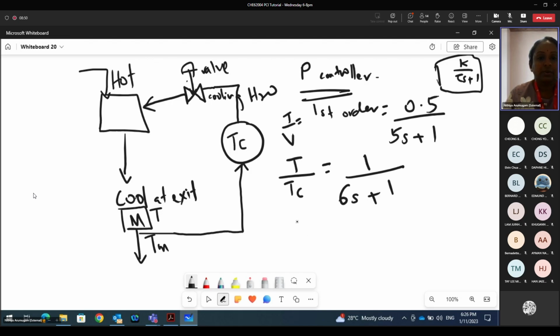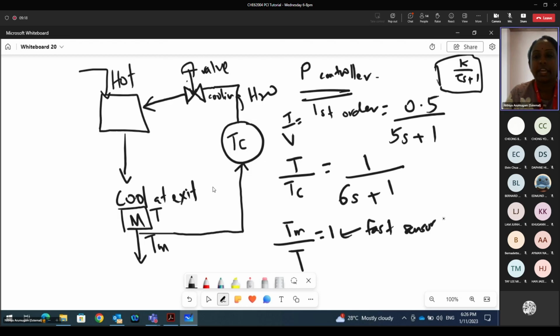So now we have another device here, the transmitter. When we want to measure the ratio for the transmitter, it is going to be T measured over T actual. Here it is equal to 1 because of the fast sensor.